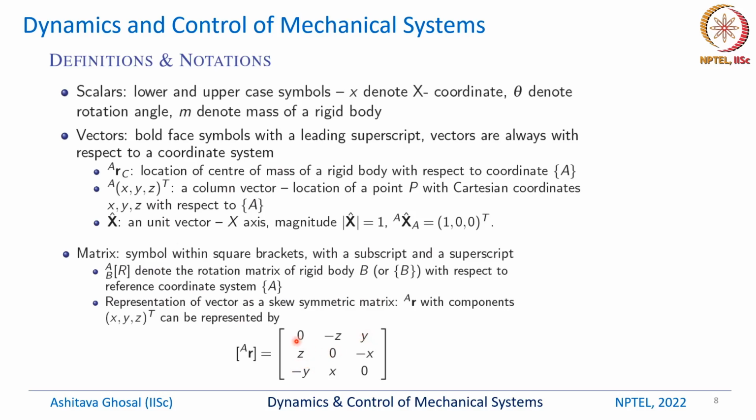From linear algebra, we know a skew symmetric matrix is one which has the diagonal elements as 0, and x, y, z will be arranged in this form. The second element is minus z, the third element is y, and since it is skew symmetric, this will be plus z, and this is minus x, and this is again minus y and x. We will see later that when you multiply this matrix by a vector, it also denotes the cross product of one vector with a second vector.